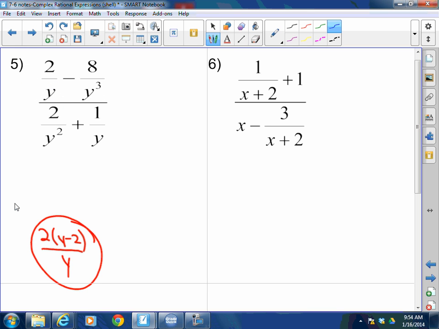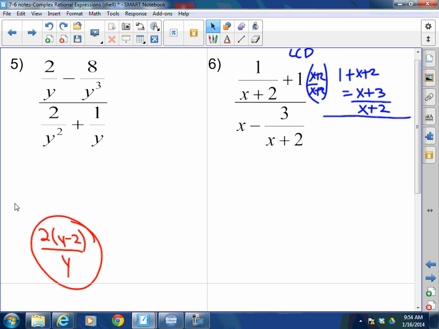Let's do it. What's my LCD in the numerator? X plus 2. So I'm going to multiply x plus 2 to top and bottom, giving me 1 plus x plus 2, which equals x plus 3 over x plus 2. Over, what's the LCD of the denominator?